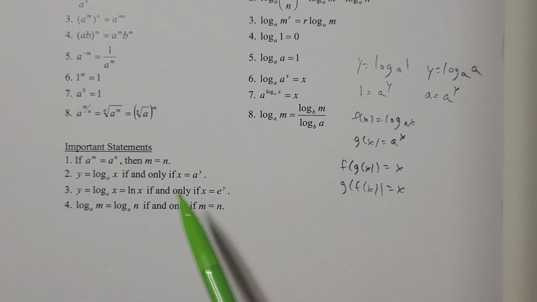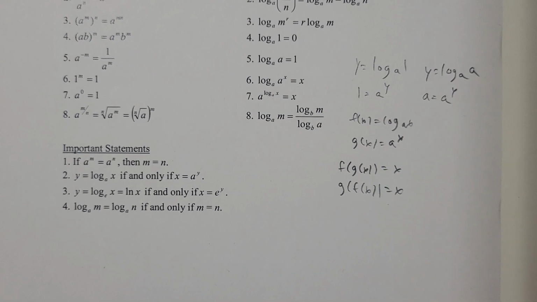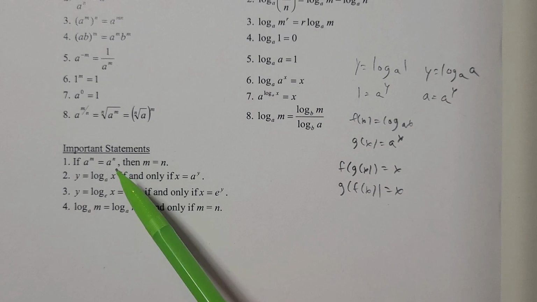And then also there's some important statements on this sheet. It says that if a to the m equals a to the n, then m equals n. Okay, and that's one thing that we've been using quite a bit here. When we're solving an exponential, the strategy is to try to get the same base on both sides. You can't always do that, but there's more to know. But that's the first thing that I always want to think of whenever I'm solving an exponential equation.